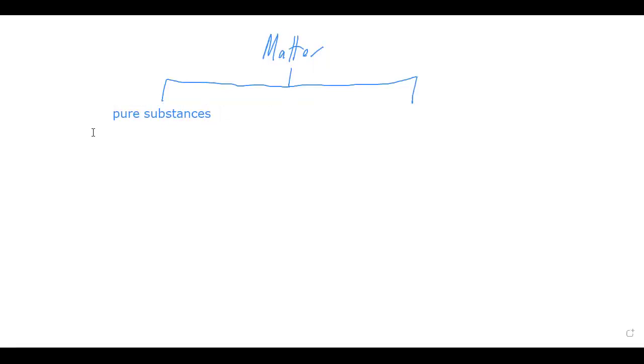Now, why are pure substances called pure substances? In a pure substance, every particle of that given substance is the same at the molecular or atomic level, depending upon which pure substance we're talking about.